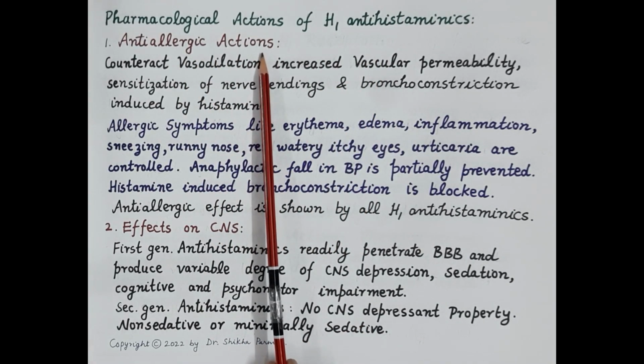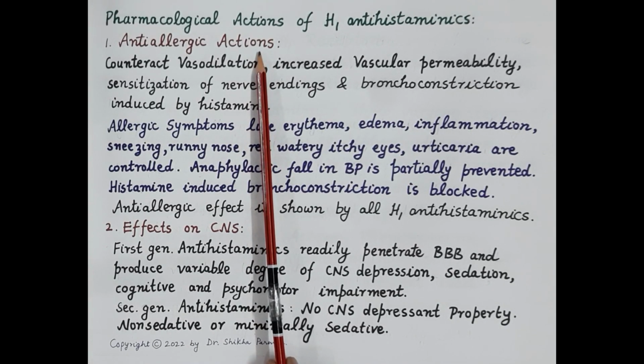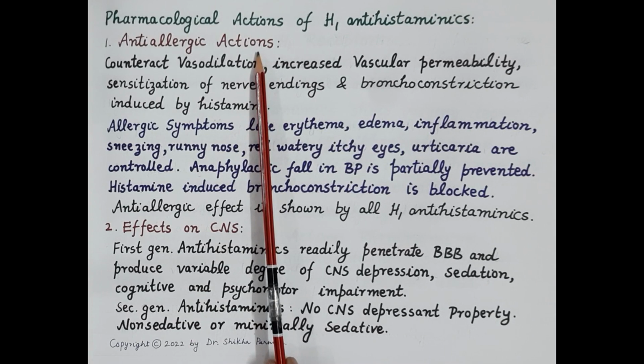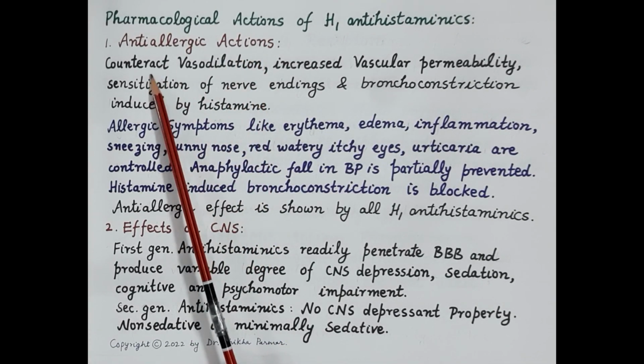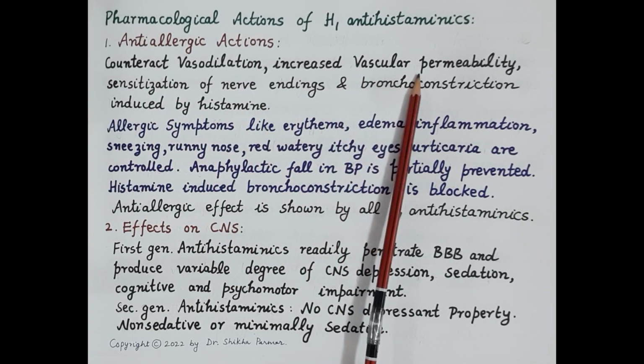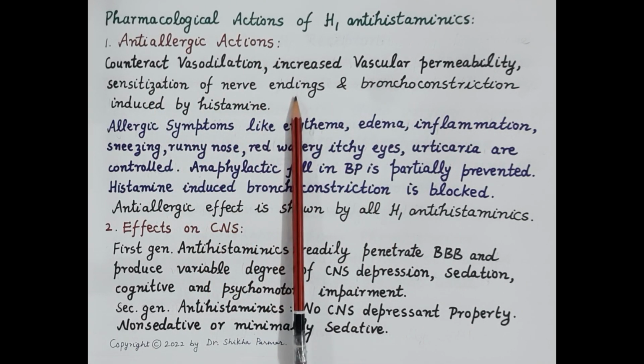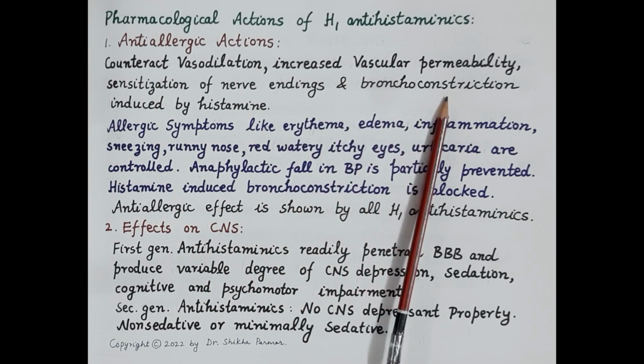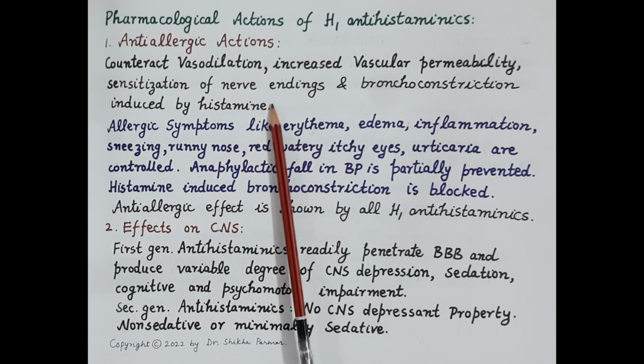Now as we have already discussed in detail, allergy and inflammation is caused due to release of histamine primarily from the mast cells. So all these agents counteract or prevent vasodilation, increased vascular permeability, sensitization of nerve endings and bronchoconstriction induced by histamine.